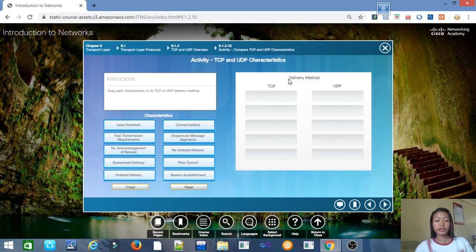For us to answer this activity, we must know first what is TCP and UDP. TCP is an abbreviation for Transmission Control Protocol and is pronounced as separate letters, TCP.